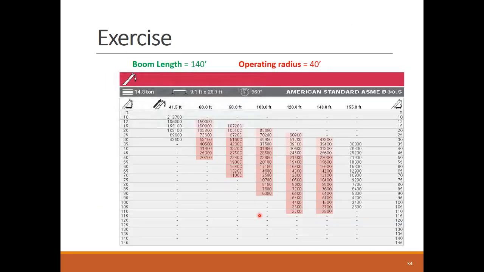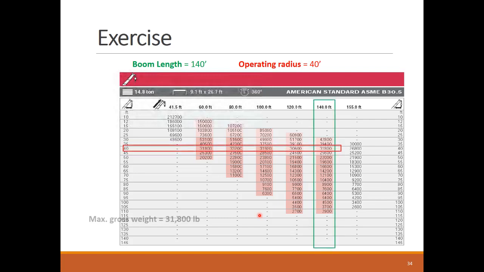Using this boom length and the working radius, we can identify from the table the maximum gross weight to be 31,800 pounds. By knowing the weight of the lift accessories, we can calculate the net weight of the panel that can be safely lifted in such lift job conditions.